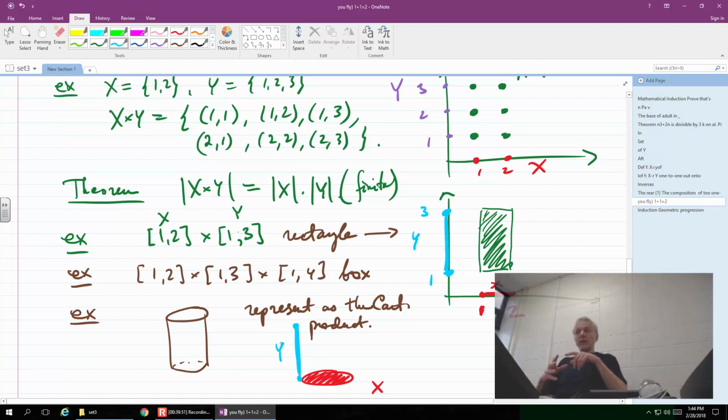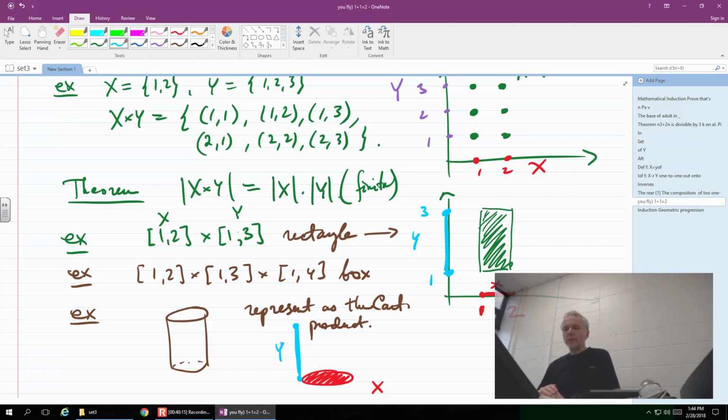Okay, so once again, I'm thinking about this as a solid cylinder. So I take the whole disk. So for each point on the disk, I take a copy of y and attach it. Okay, so that creates this kind of log, not natural log, but just log, cylinder.